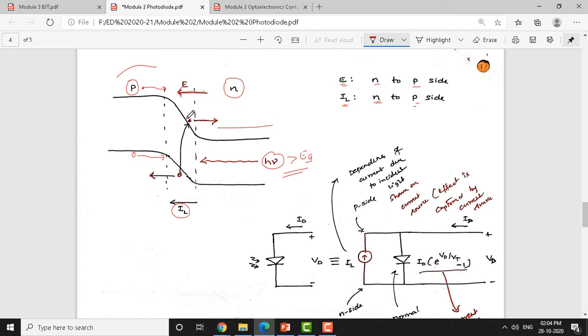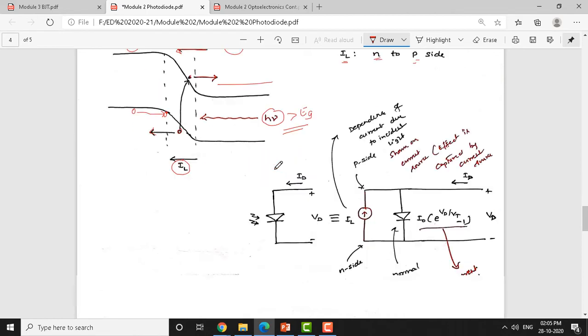Then the drift process takes this electron and pushes it to the N side. And if a hole comes due to the diffusion process, the drift process will push this hole back to the P region itself, because the hole movement and the field are in the same direction. Field is acting from the N side to the P side, so in the corresponding direction the hole will be pushed back into the P region. So, this is what happens in the neutral P region and the neutral N region.